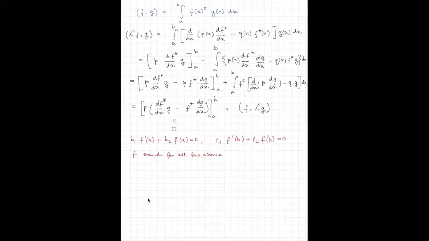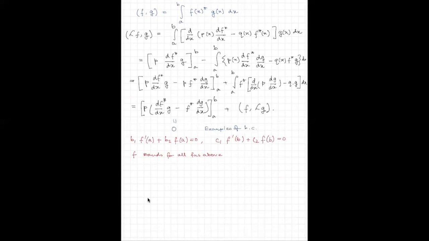Okay, so b1, b2, c1, c2 are constants, not both equal to 0. So we must choose the same constants for all our functions.